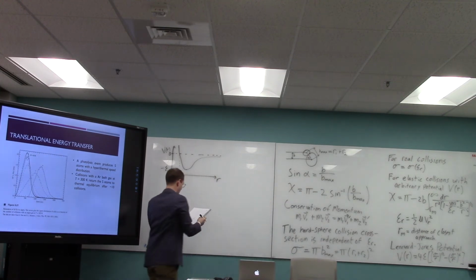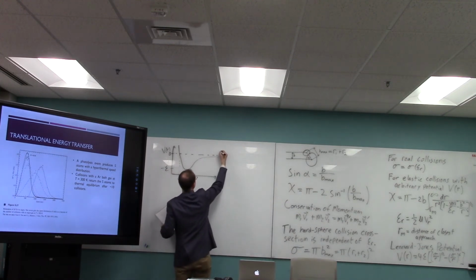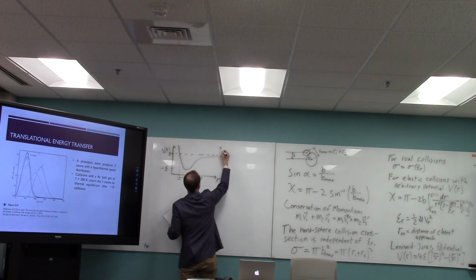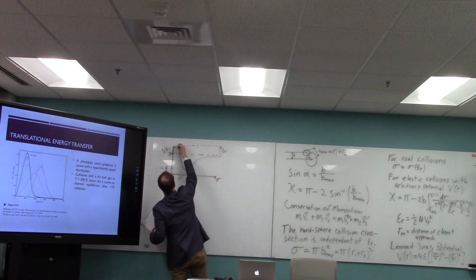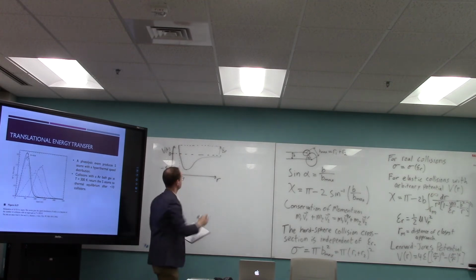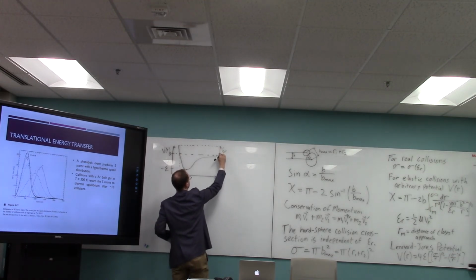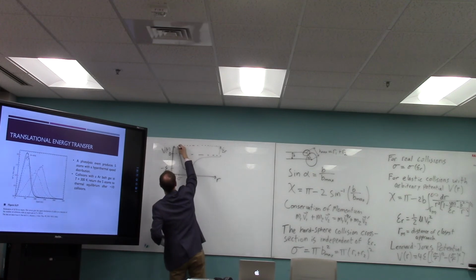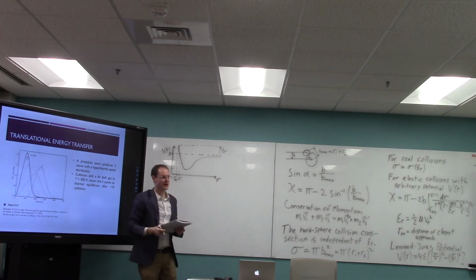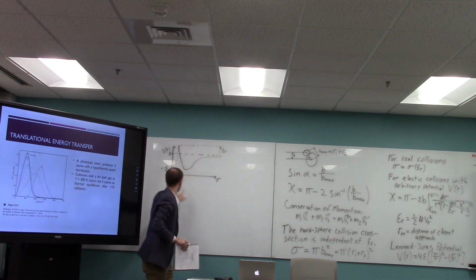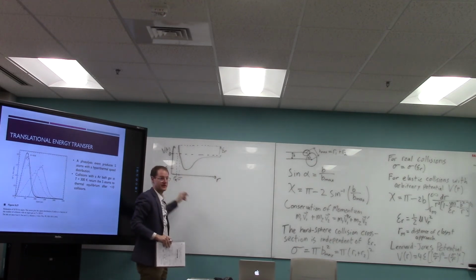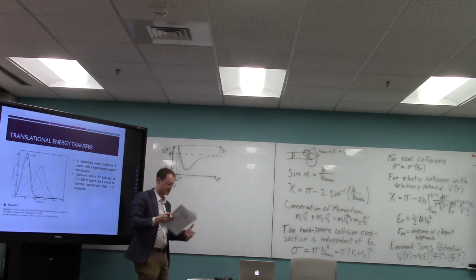Okay? So if you scatter with a certain amount of energy, if you come in with relative energy epsilon sub R, then you're going to have some classical turning point, so this would be Rm. And you can see that if you increase the initial scattering energy, Rm is going to decrease. You're going to scatter at shorter and shorter distances.